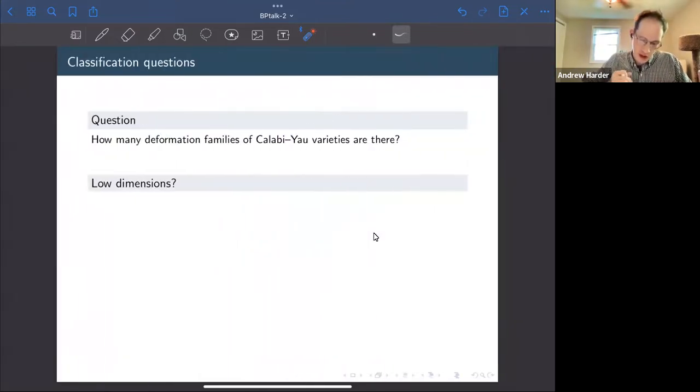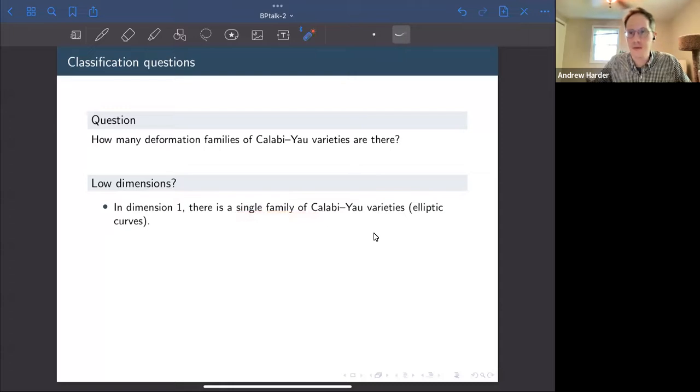I can answer this in low dimensions in a very easy way. If I look at dimension 1, there's just a single family of Calabi-Yau varieties, which is elliptic curves, right? This is why I don't want to claim that all Calabi-Yau varieties have H^{1,0} equal to 0, because elliptic curves obviously don't.